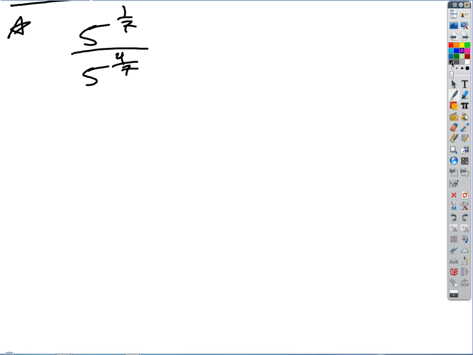You could move the 5 to the 1/7 to the bottom. Okay, so one thing we could do is recognize that when we divide like bases, we just subtract exponents, right? And so we've got like bases here. Now, we had a little rule that we adopted in this class where we want to keep the base where it has the most power and subtract the other exponent. So what's bigger, 4 sevenths or 1 seventh? 4 sevenths. So we'll keep the 5 on the bottom.